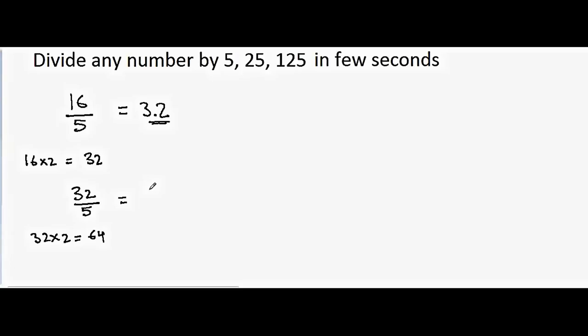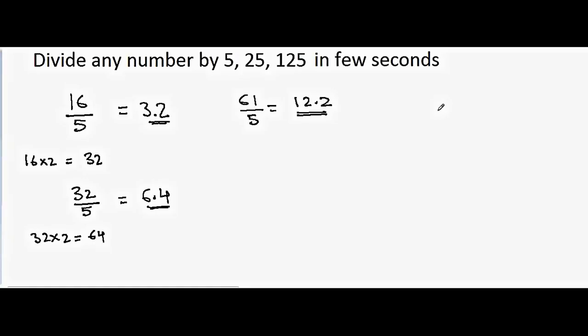Then I put a decimal after one digit, so the answer is 6.4. Again, if I have 61 and I want to divide by 5, the answer will be 122, one decimal, and that will give me 12.2. That's pretty easy.